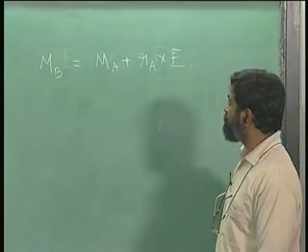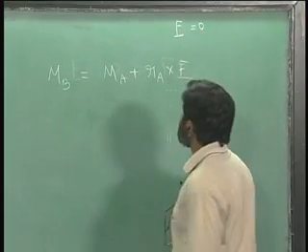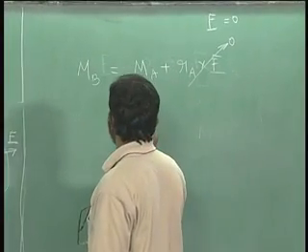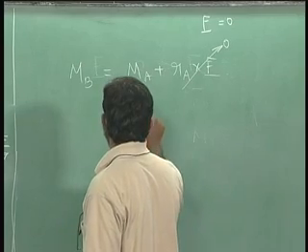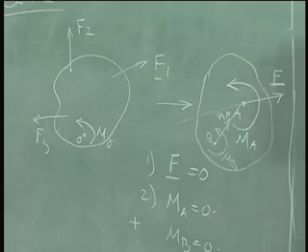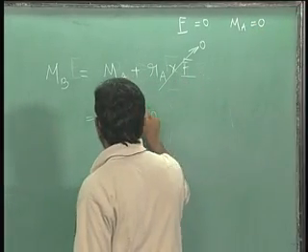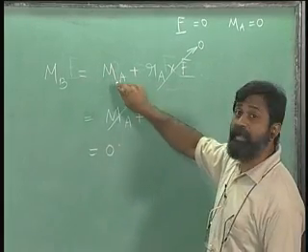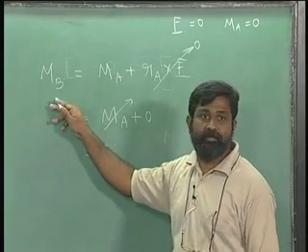Now we already have F is equal to 0, which means this will go to 0, and this is equal to Ma. I already have Ma equal to 0, this means this is equal to 0, or in other words, given that Ma equal to 0 and F equal to 0, the natural result is Mb is equal to 0.